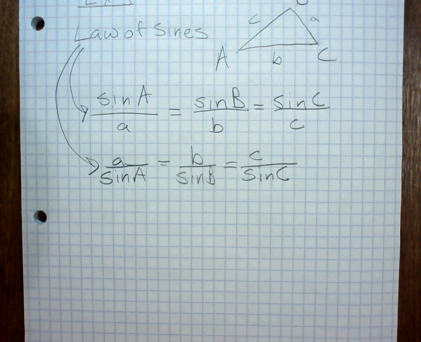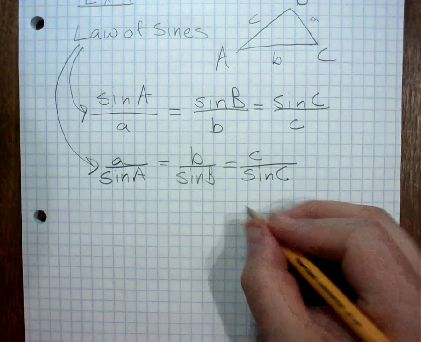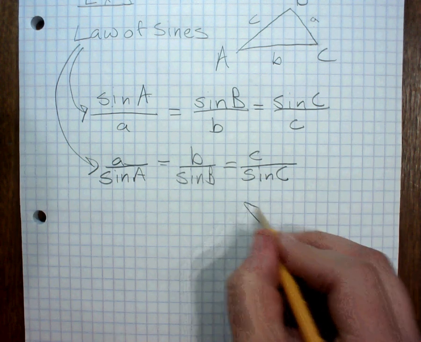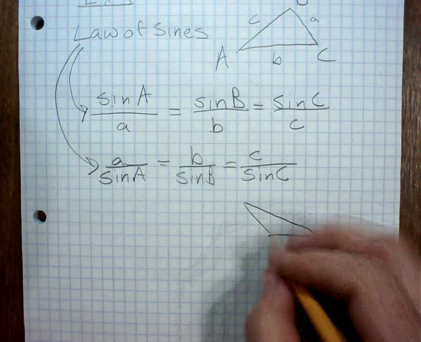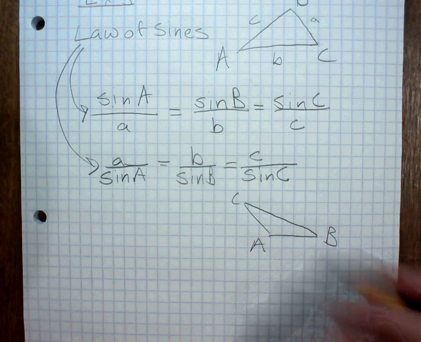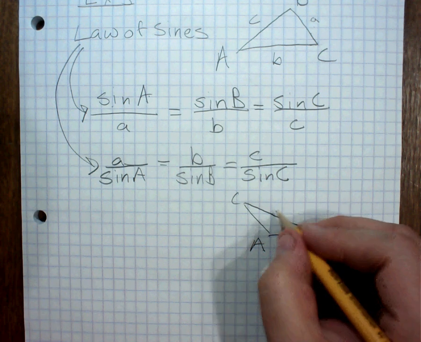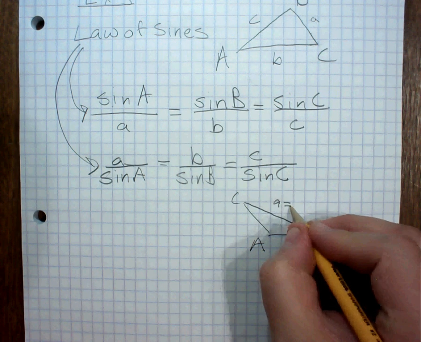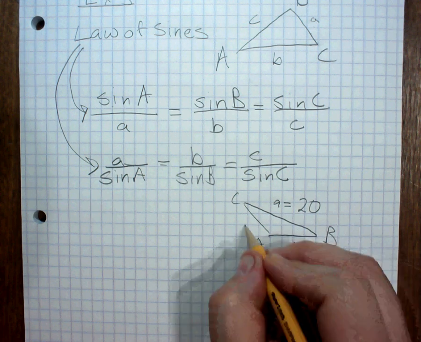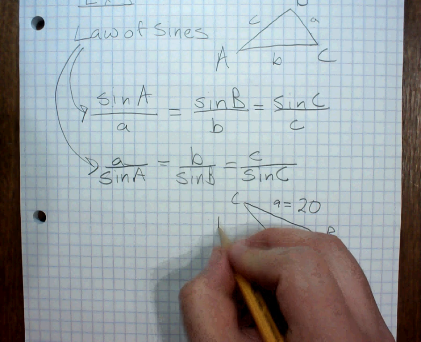Okay? So in example number 3, I have a triangle that's drawn like this, where this is A, this is C, this is B, and this is C. This would be lowercase a, which is equal to 20, and then opposite of capital B is lowercase b, which is equal to 11.